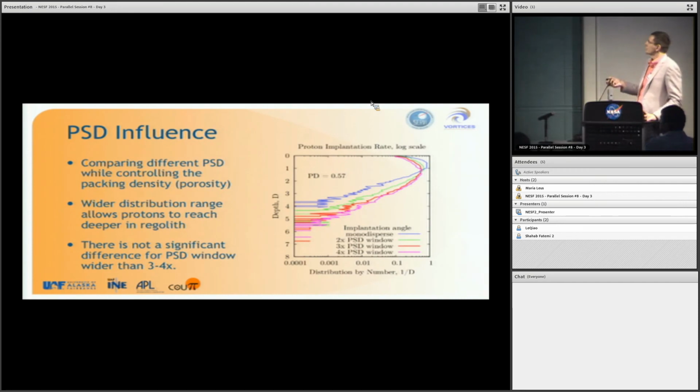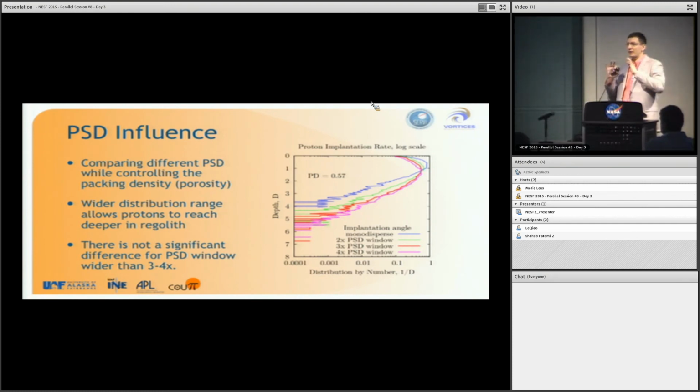The particle size distribution influence gave actually a little bit surprising results initially: when you increase the window size, you're able to reach deeper into the regolith. This happens around the large particles that rest on the surface.